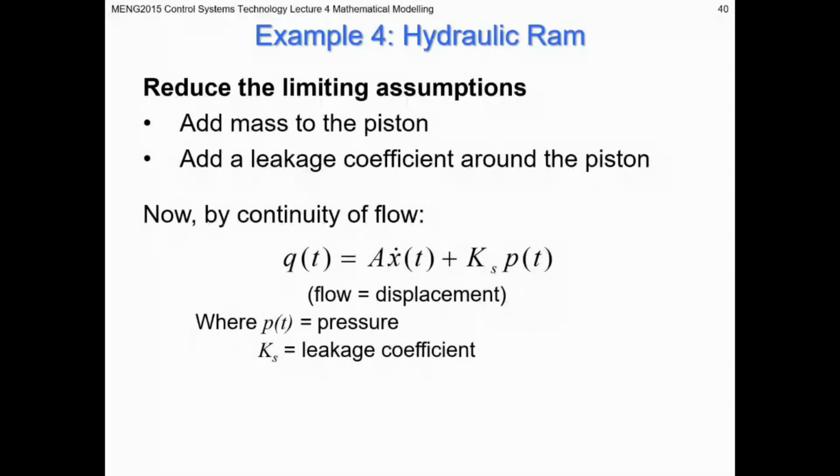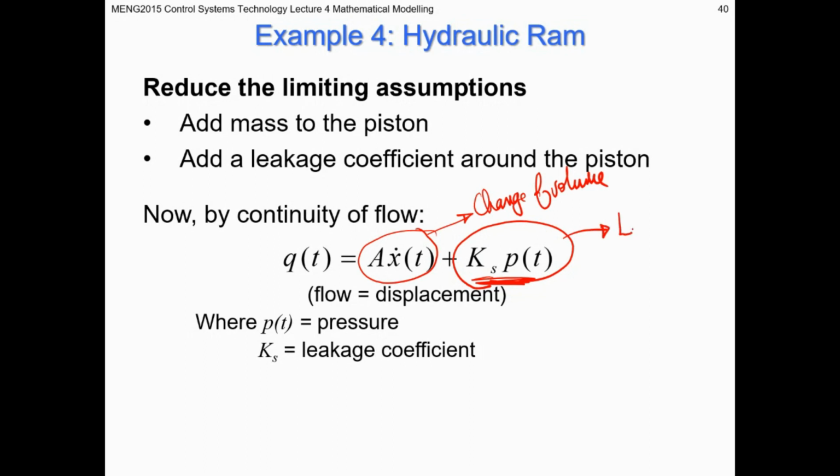Some of the fluid that's pumped in is going to escape here. This is the fluid that is pumped in that is going to result in change of volume, and this is going to result in loss of fluid through leakage.